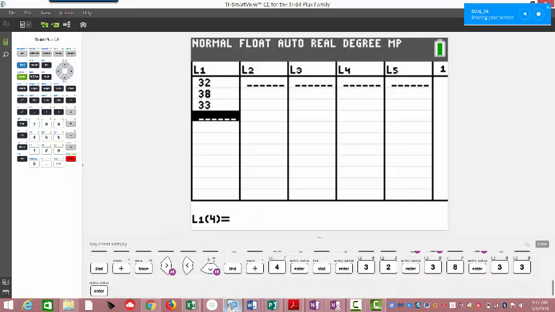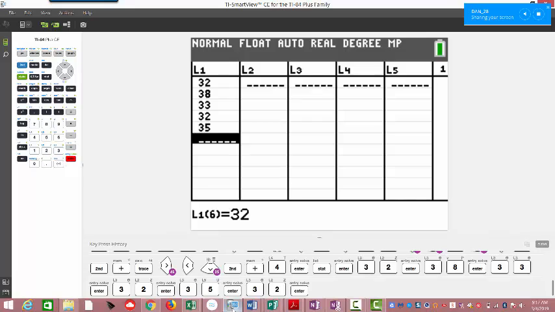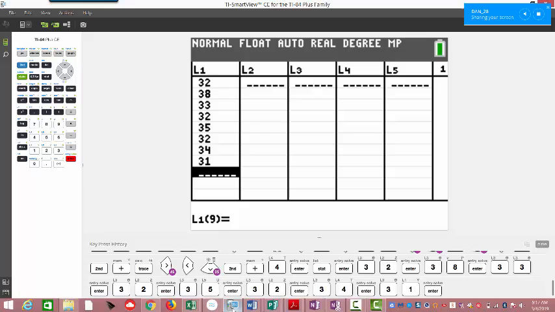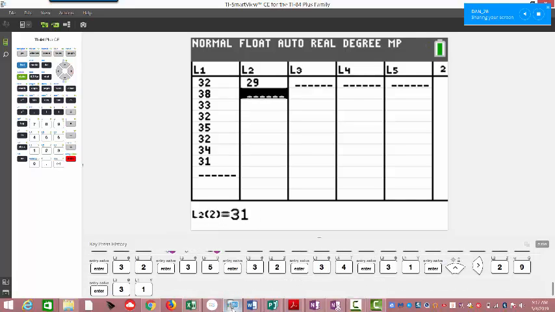I'm not going to enter all of the data. I'm just going to enter the first line, 1 and 2, just to give you an idea of what you're doing. Now, you notice all of these servers do not have the same number of data points. That does not matter. It doesn't matter that your lists are different lengths.